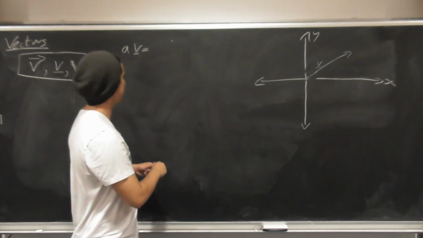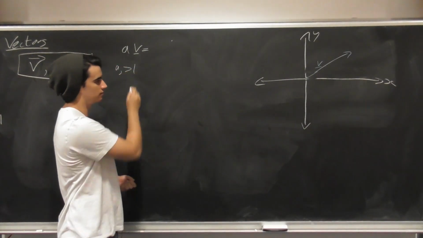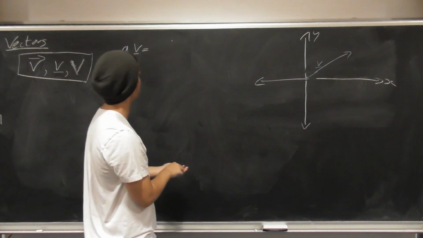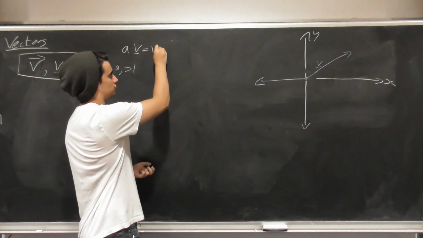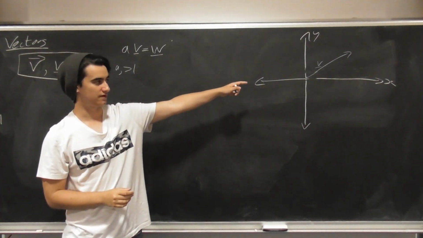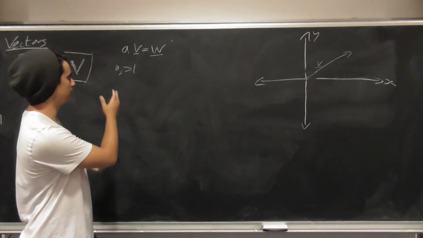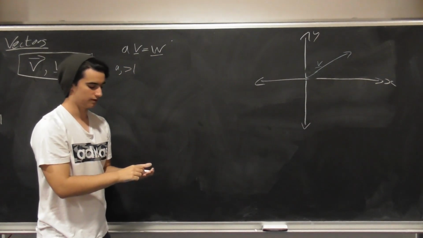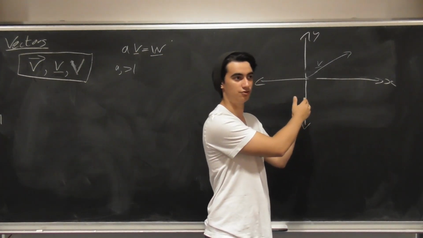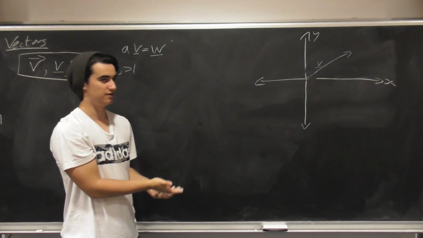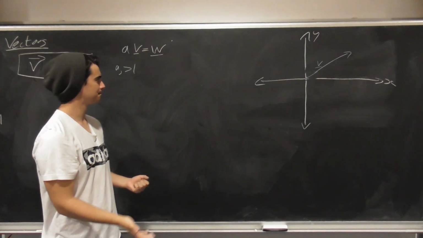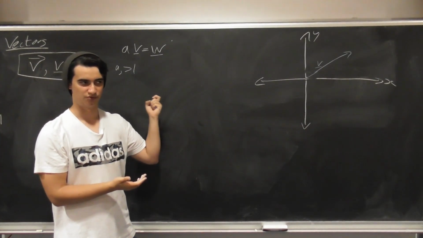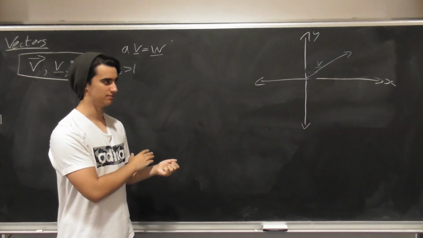Now, if a is greater than 1, what will happen here? If we think about this new vector as a vector w, how will w compare to v? If we're multiplying v by something greater than 1, w will be greater than v. The magnitude of this new w will be greater than v. But multiplying it by a number bigger than 1 shouldn't interact with the direction at all.